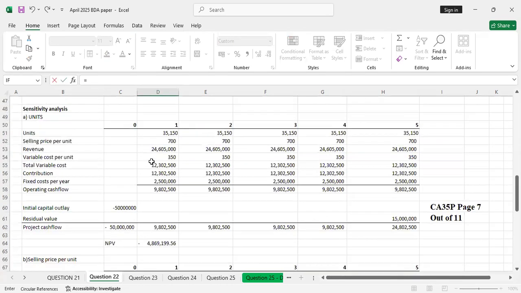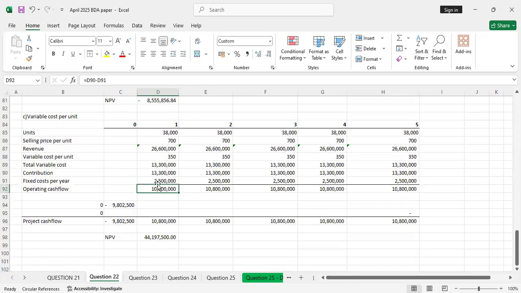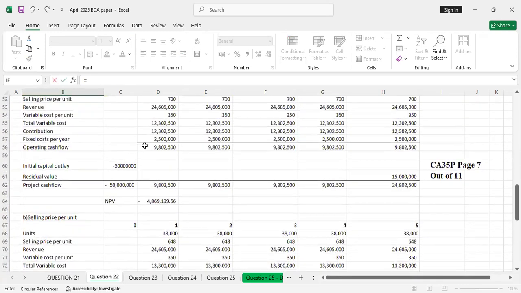Fixed cost was how much? 2.5. You have to be very keen, because if you're not keen, you'll mess up and you lose a mark for that.